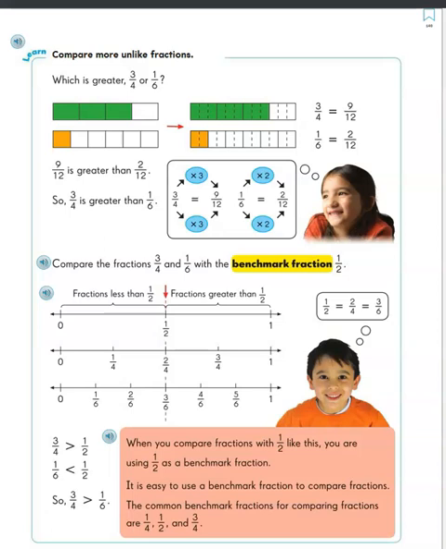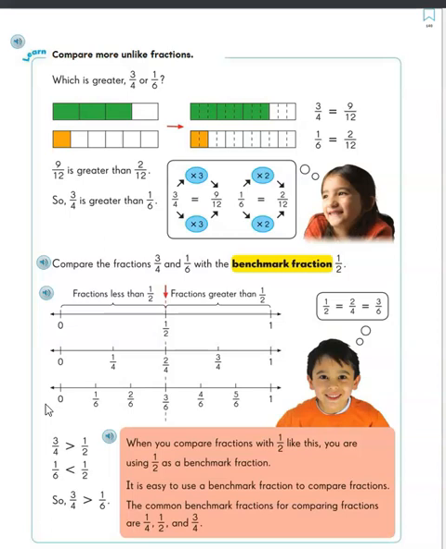So yesterday we took a look at some fractions that had different numerators and different denominators, and we learned that we can use multiplication and division to find a common denominator, and that way it's a lot easier to compare the two fractions. And yesterday, you might remember that we just had to multiply one of the fractions.